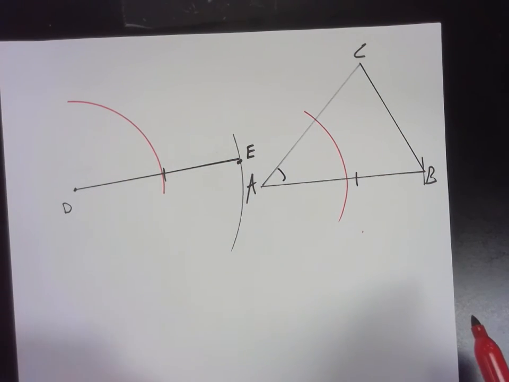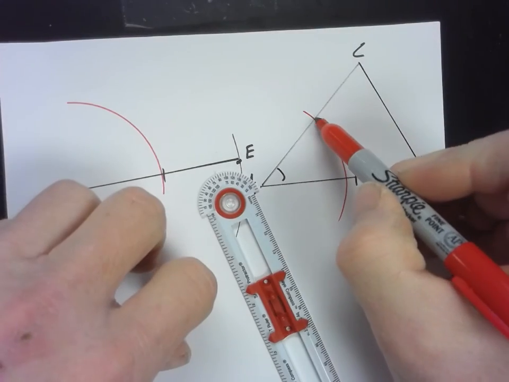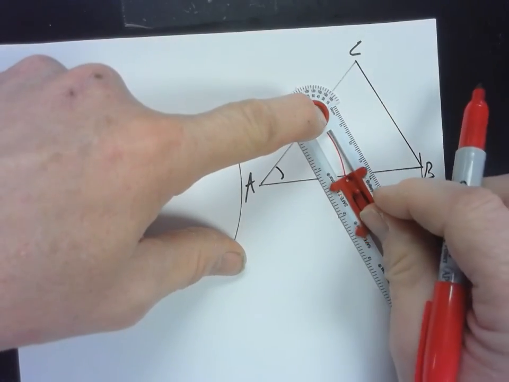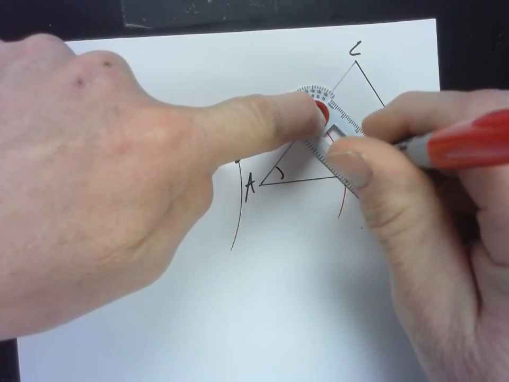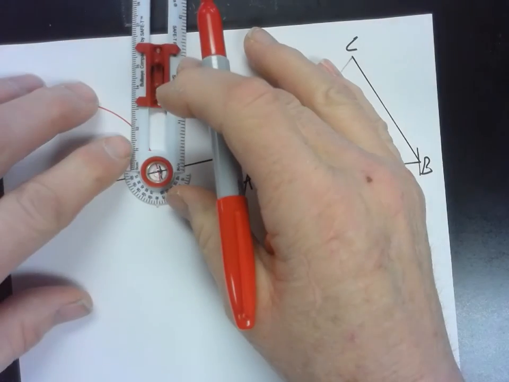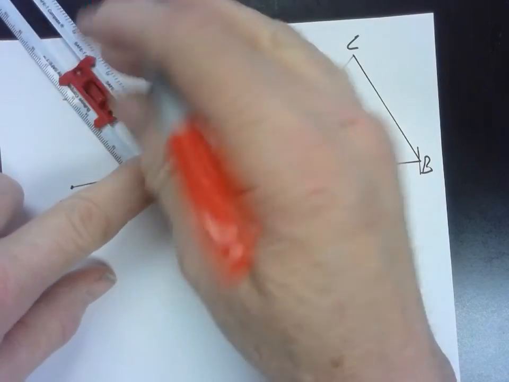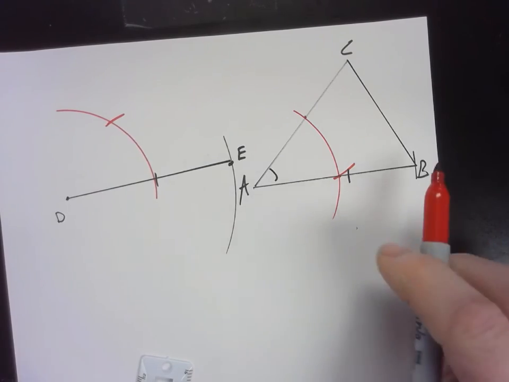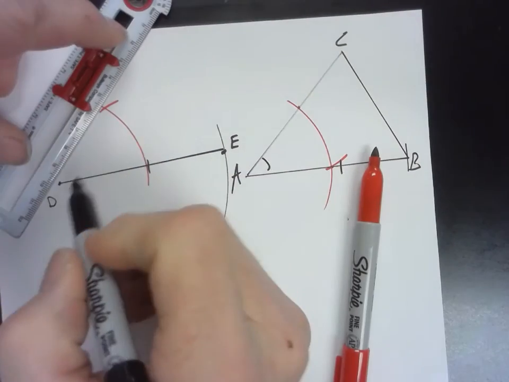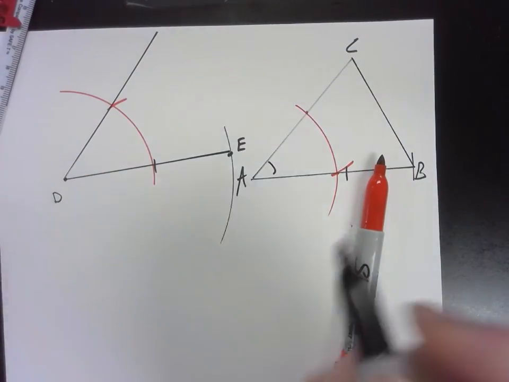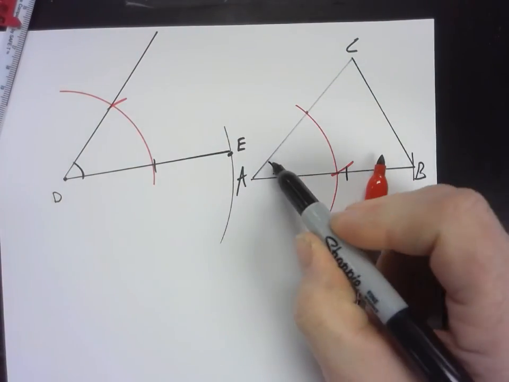Okay. And then, see these 2 points right here? We set our compass there, so we have that, right? And then I come over here, and I mark that same distance along the arc, like that. And then, when I draw this segment out here, oops, did I mess that up? I know that these two angles are now congruent.